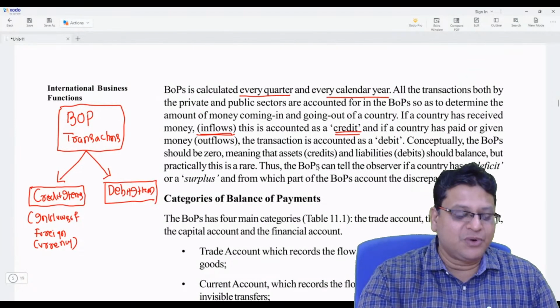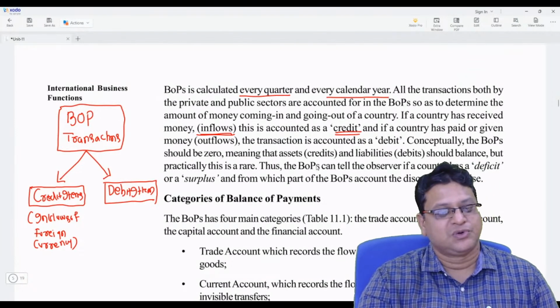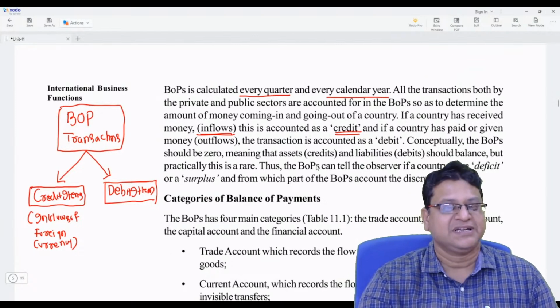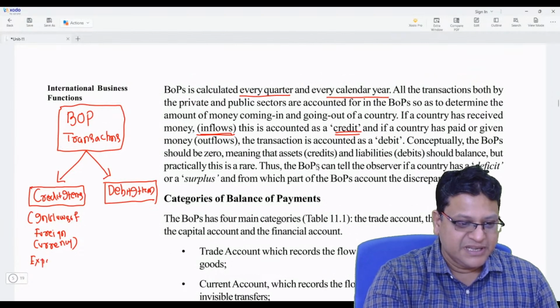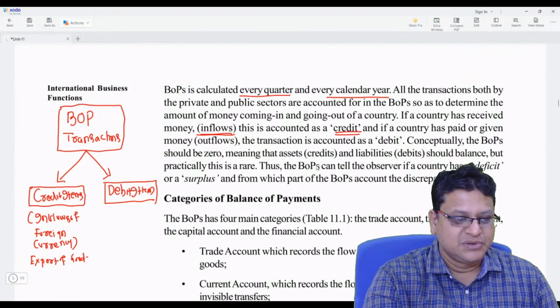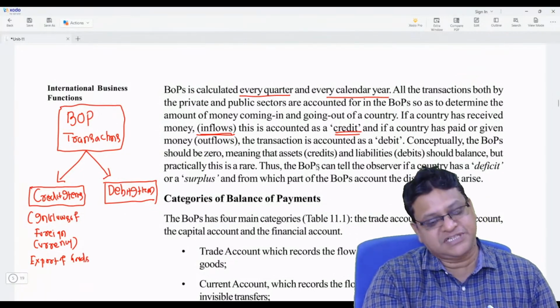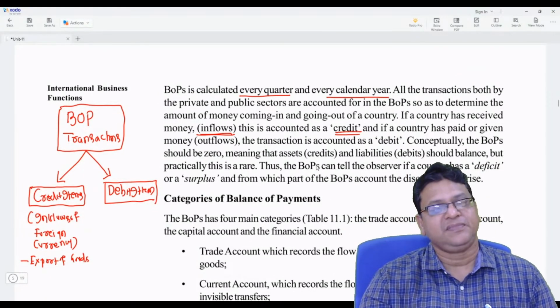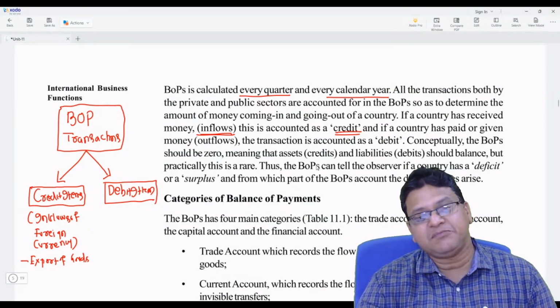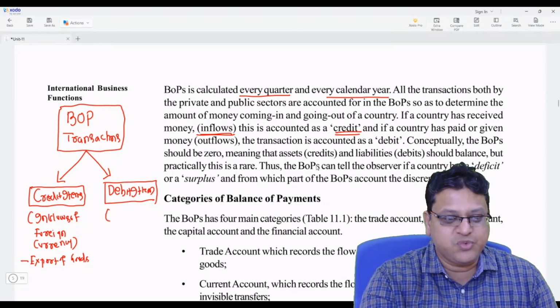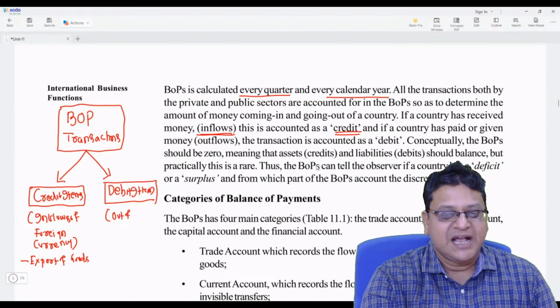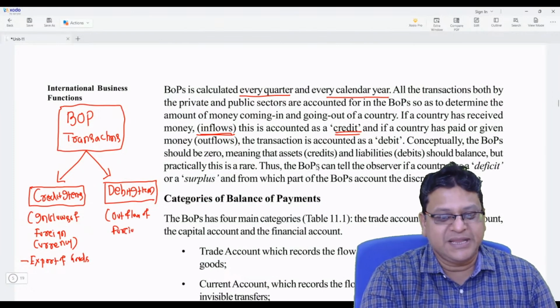Example, if a country exports goods or services, it is a credit item. Next, what is a debit item? Any transaction which results in outflow of foreign currency is known as a debit item.